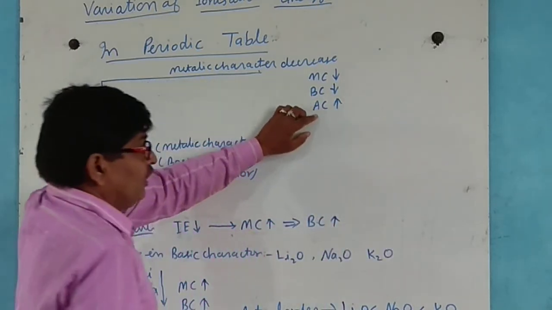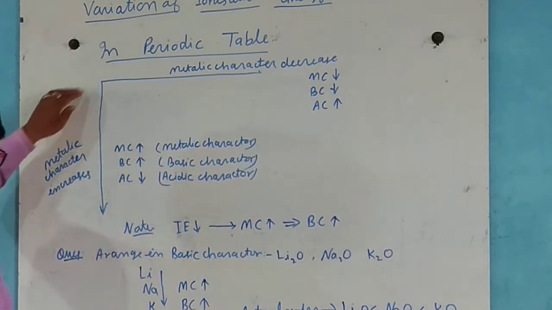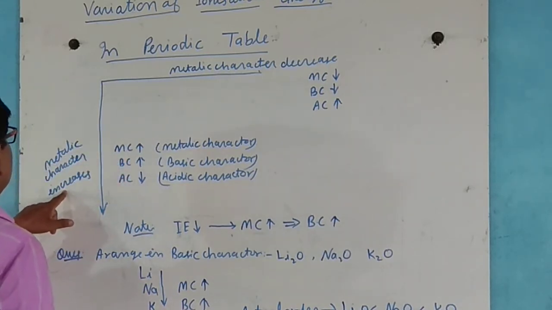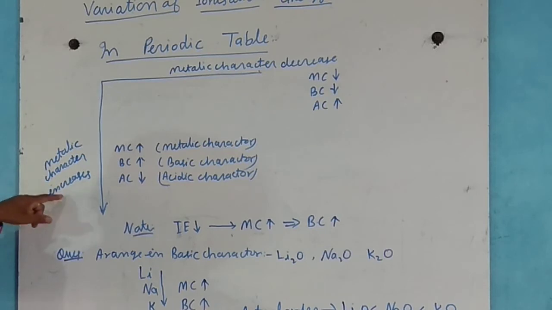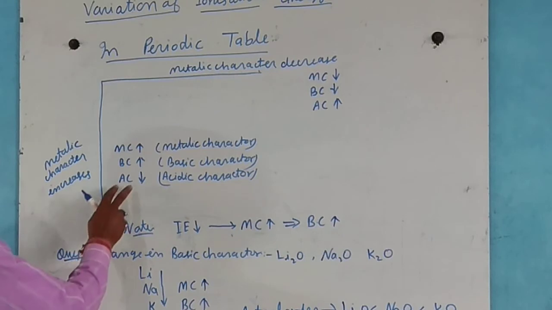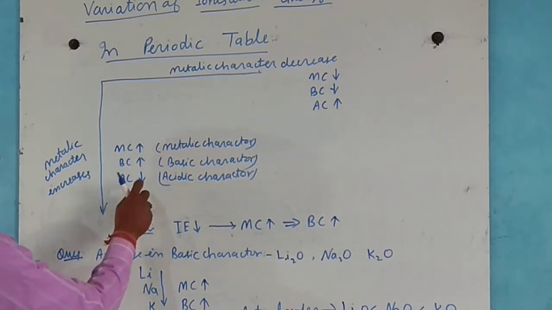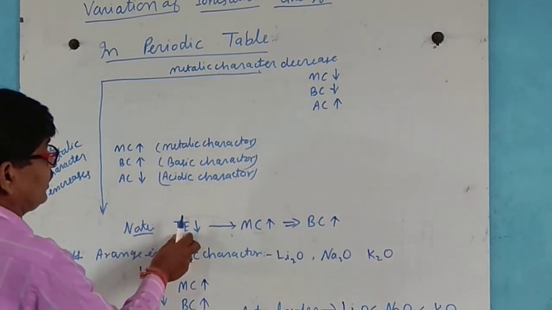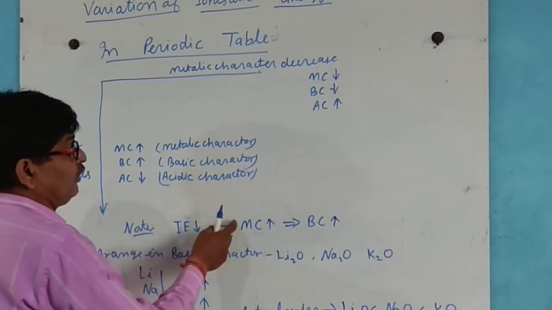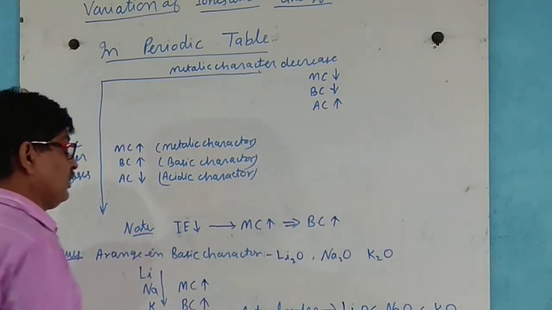Down the group, metallic character increases, so basic character also increases, and acidic character decreases. It means that ionization energy decreases. If the ionization energy decreases, metallic character increases, which implies that basic character also increases.